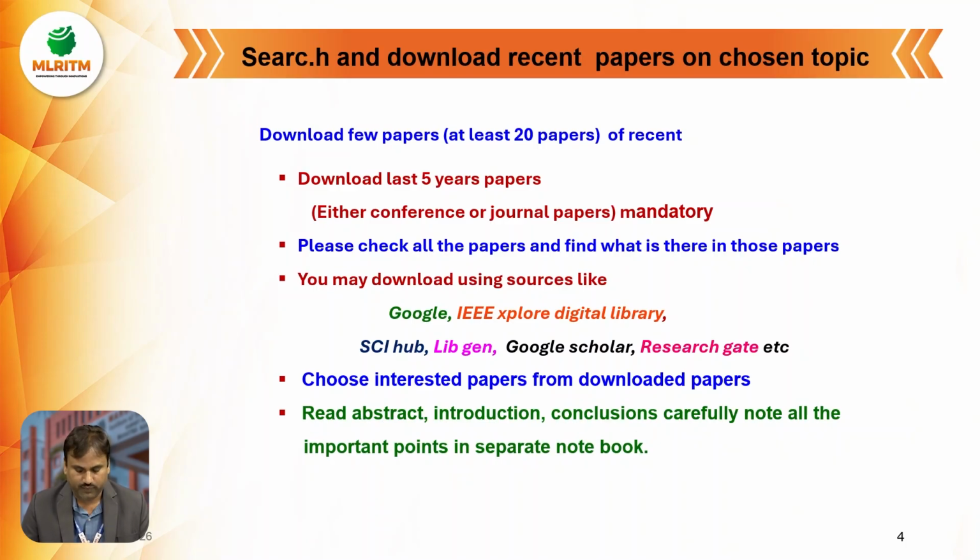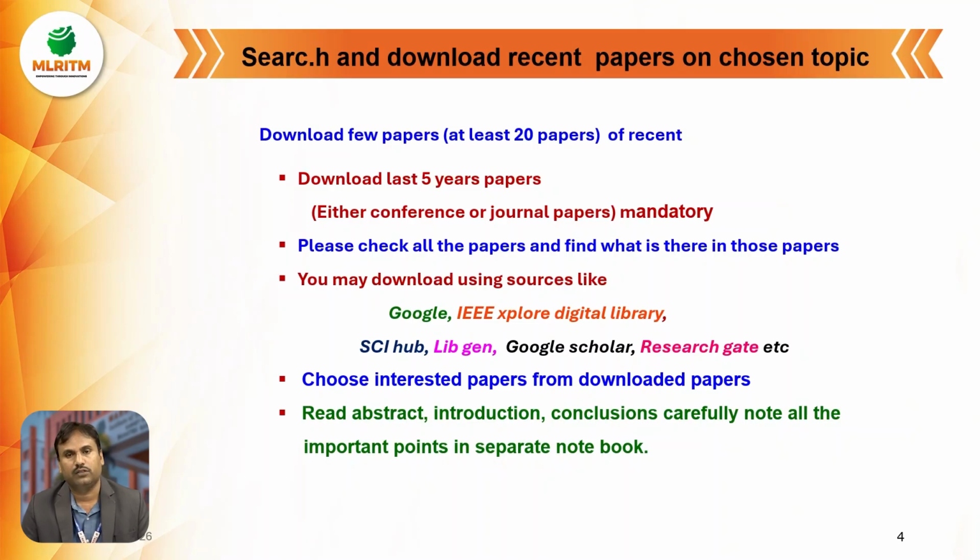Out of 20, you need to choose the interesting papers, because the really interesting ones are only 1 or 2, not 20. Even though you note all the important findings in a particular notebook, you need to choose 1 or 2 very interesting papers, because the next step is to reproduce their results.